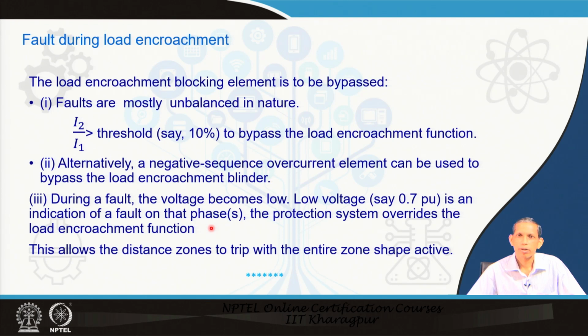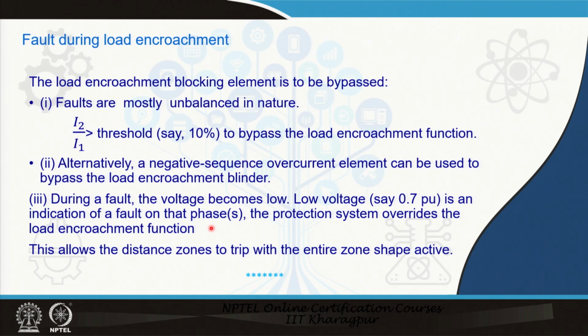However, a fault may occur during load encroachment. To bypass the load encroachment function, we require other special principles and features, and that will lead to the corresponding solution from that perspective. Thank you.